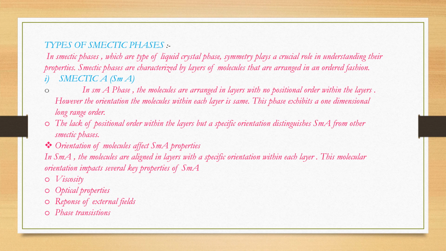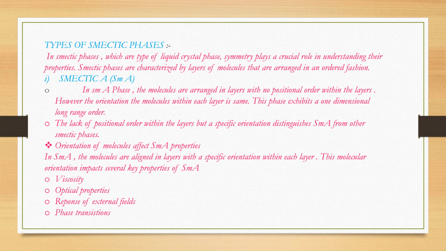The orientation of the molecules affects the flow properties of smectic A. The ordered alignment within the layers can lead to different viscosities along different layer directions, influencing the flow behavior of the phase.